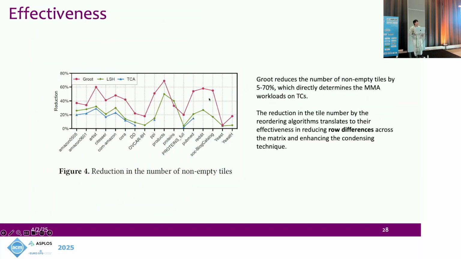And we also measured the number of non-empty tiles reduced by Groot. It shows that from 5 to 70% of tiles are reduced, which directly translates to the number of MMA operations on the tensor cores.